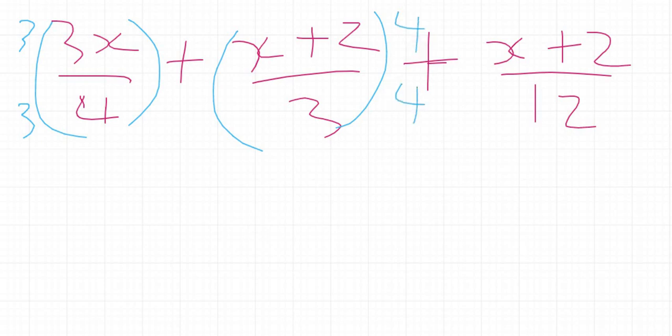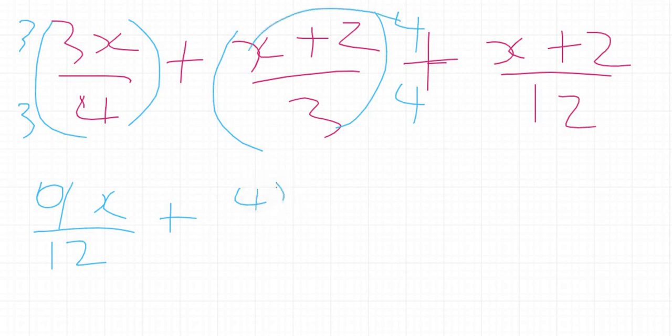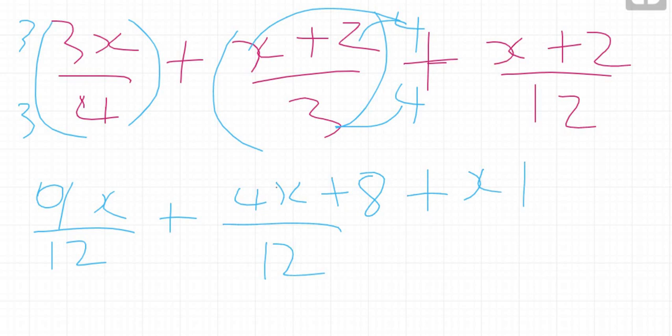And so when we do that, we have 9x divided by 12 plus 4x, because 4 times x gives us 4x, 4 times 2 gives us 8, and 4 times 3 gives us 12, and we just write back the fraction that we are trying to model.